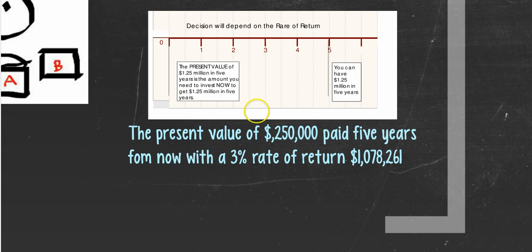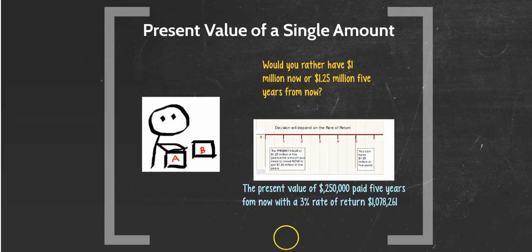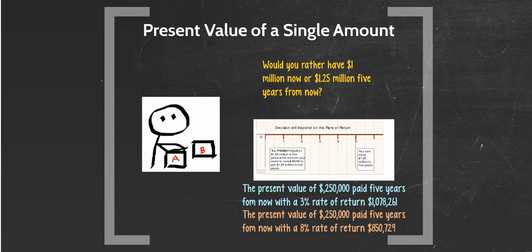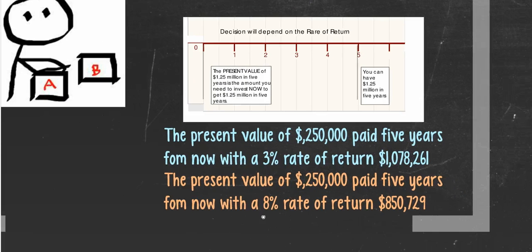But now, what if we assume a higher rate of return, let's say 8%? If our rate of return is 8%, we don't need to start with this much money to generate $1.25 million, do we? In fact, all we need to start with is just a little over $850,000.